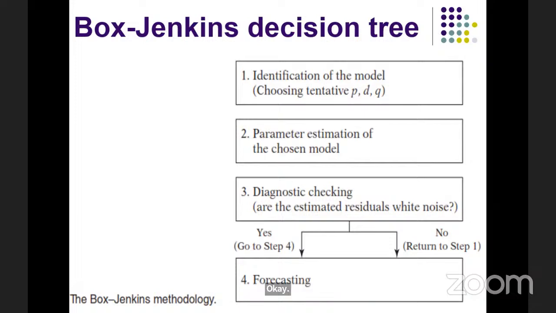Now YT is equal to A1 plus B1 YT minus 1 plus B2 UT minus 1 plus UT. Okay, so this is known as ARMA 1 1. In fact, this is 1 1. Strictly speaking, this is 0 1. Can I write 0 1?